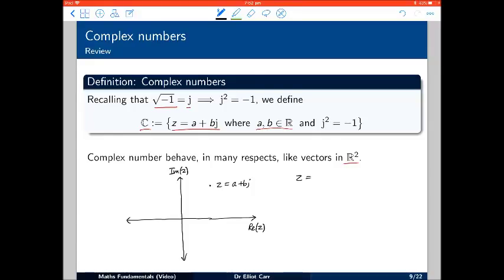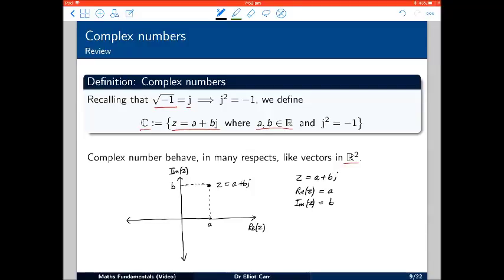Okay, so for z equals a plus bj, the real part of z is equal to a, and the imaginary part of z is the coefficient of j, which is equal to b. So this point is equal to a along the real axis, and it's equal to b along the imaginary axis.